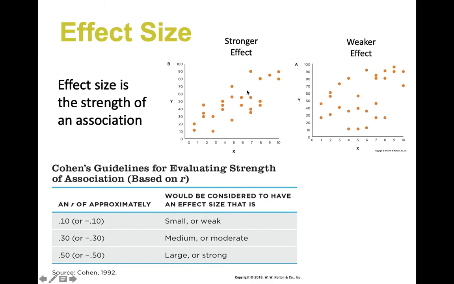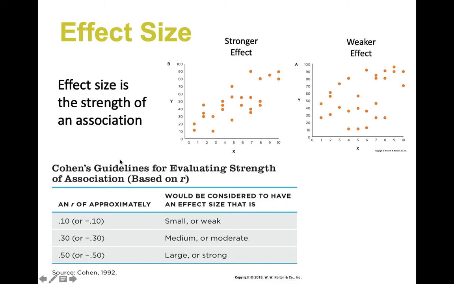Because the dots are going in a positive trend, such that higher numbers on X are associated with higher numbers on Y, and lower numbers on X are associated with lower numbers on Y. So highs go with highs, lows go with lows, middles go with middles. That's the definition of a positive association. That's the case in both panel B as well as panel A. But we can see that there's a stronger association or a stronger effect in panel B than panel A. So panel B depicts a stronger effect size.